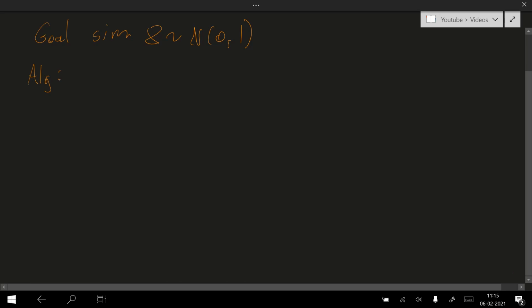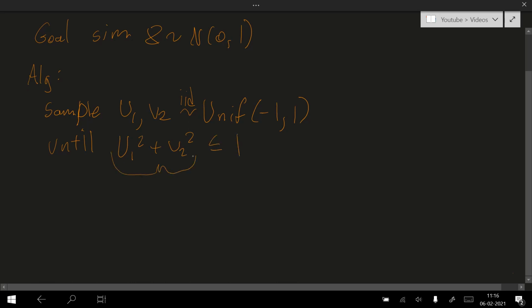Here we sample u1, u2 from a uniform(-1, 1), and they are independent and identically distributed, until u1 squared plus u2 squared is less than or equal to 1, and we call this r squared.